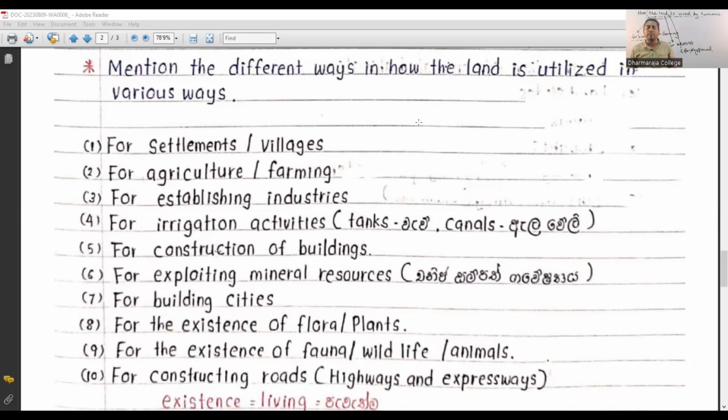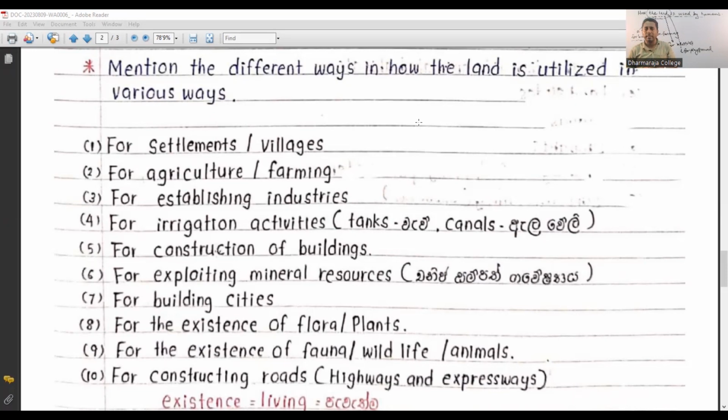Irrigational means Varimarga: building tanks like Parakrama Samudra, Kalawewa, and reservoirs like Samanala Wewa, and canals like the Minipe Canal, Alahara Canal, Yoda Canal. So there are many canals, for paddy fields and agricultural purposes.